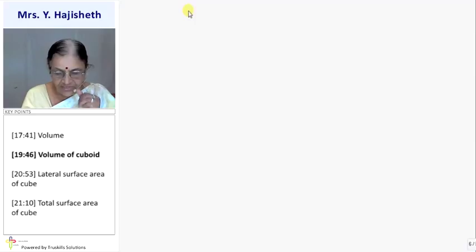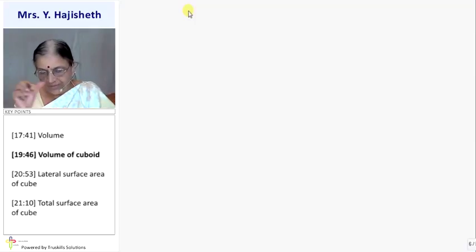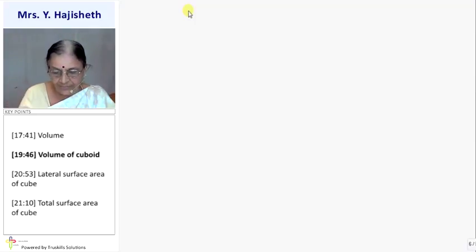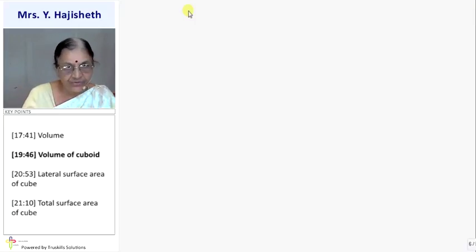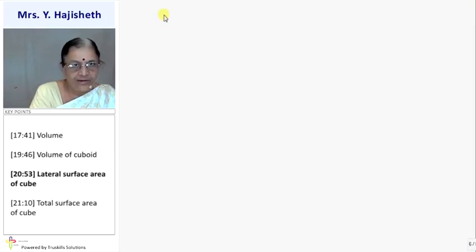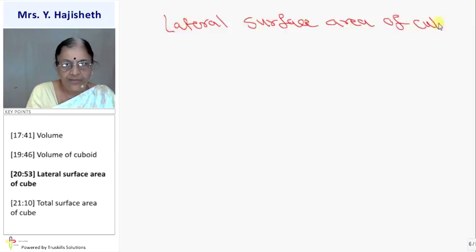As I said, cube is a special case of cuboid. Here faces are square instead of rectangle, so here L is B is H. How do I define lateral surface area of cube? There are 6 faces and all 6 faces are equal in area, so area of each face is L square. So it is 4L square, square unit.